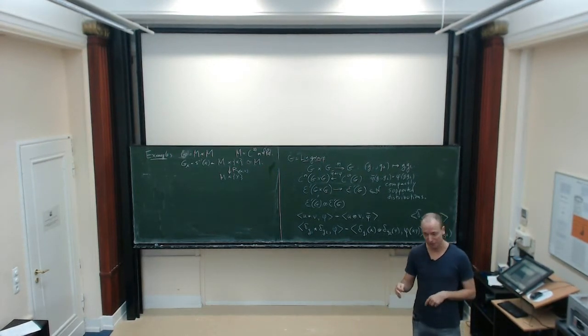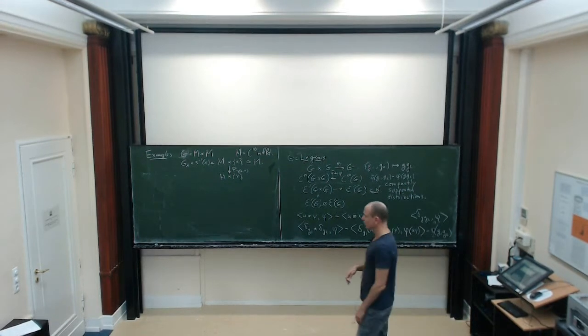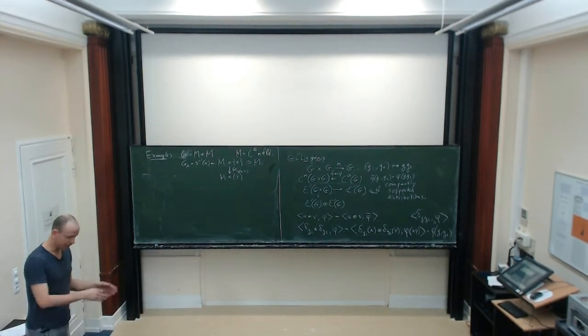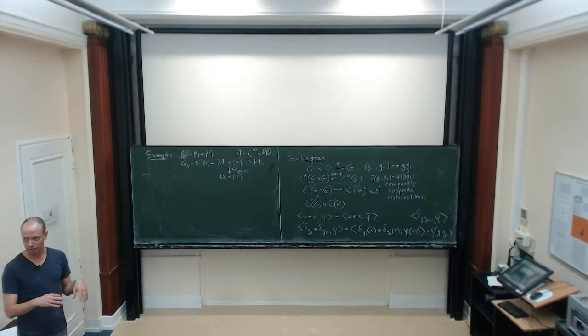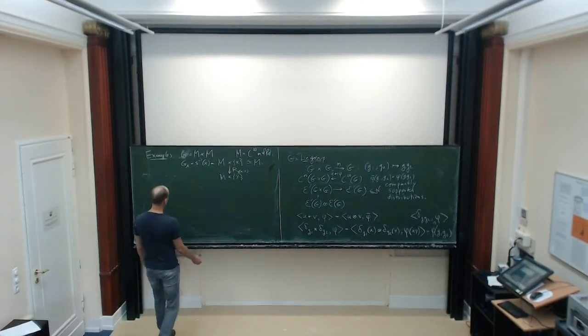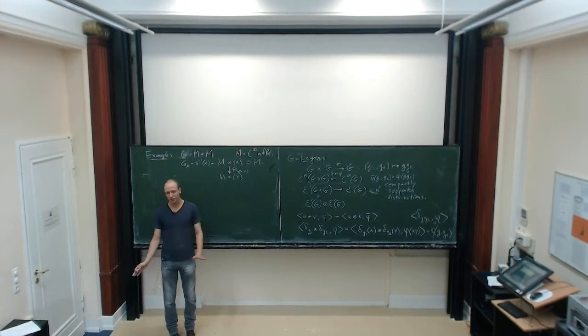You have to pick a particular measure. The French school goes to half densities to get a canonical convolution product, but you could also go to smooth distributions. They have a canonical convolution. Anyway, that's all just, who cares?